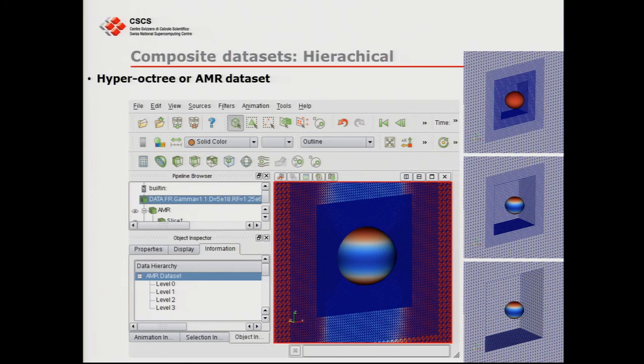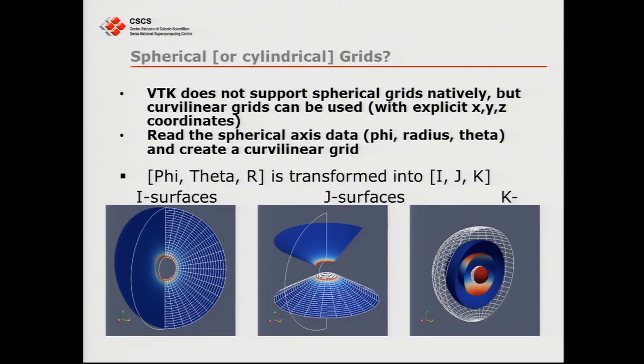Then there is often the question from the people doing climate, the people doing geophysics, etc.: can the software read my data and display it in spherical or cylindrical fashion?